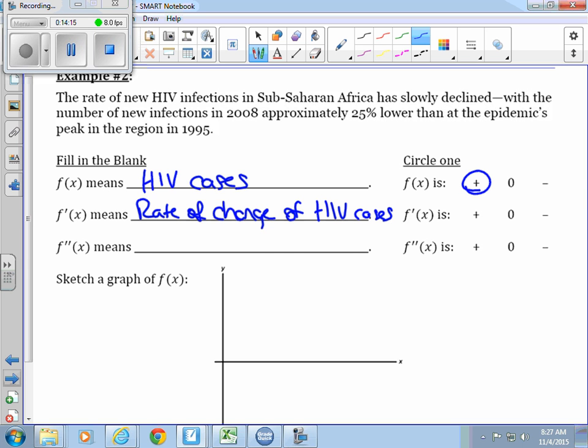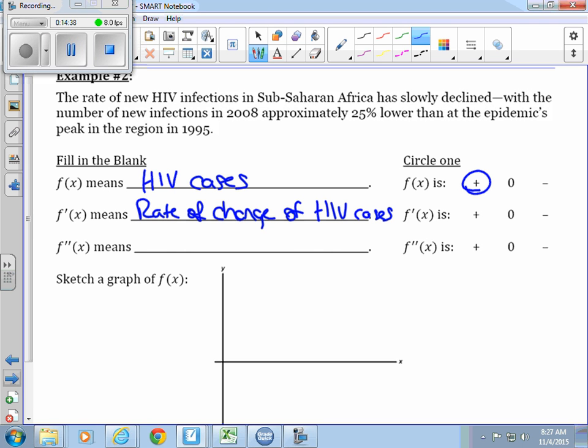The rate of new HIV infections in sub-Saharan Africa has slowly declined. Okay, what do you think? It's declining, but it's still there. I think we think it's positive.